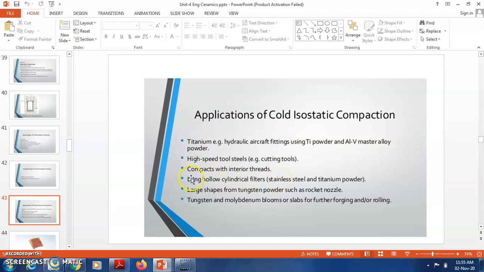After that, compacts with interior threads, long hollow cylindrical fittings, and large shapes from tungsten powder such as rocket nozzles can be easily developed. Then tungsten and molybdenum tools or slabs for further forging or rolling can be developed.